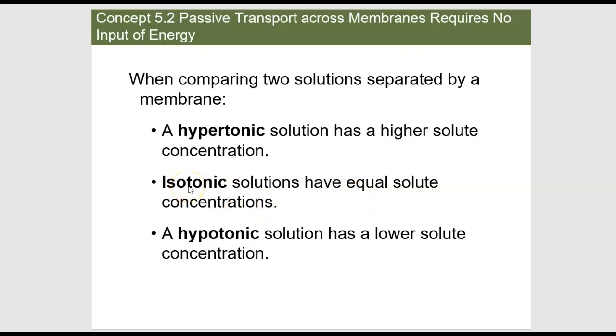Isotonic solutions mean that it's in somewhat of an equilibrium across the membrane on both sides. And hypotonic means that some solution is very low in solute concentration compared to the thing on the other side of the membrane.